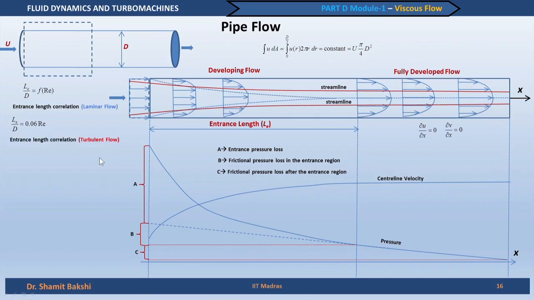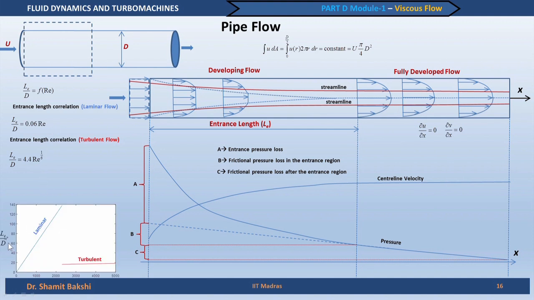For a turbulent flow it is different, and this is the correlation which is used for estimating the entrance length for a turbulent flow. Now, let us look at the actual numbers by using this correlation, how much are these values.